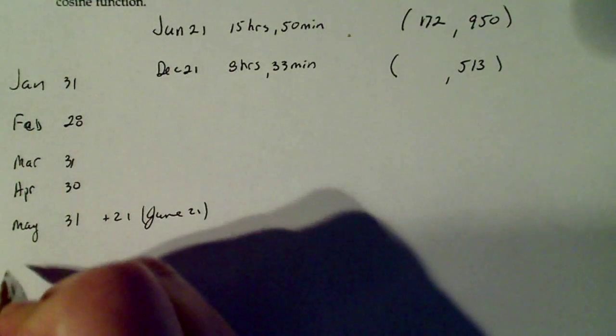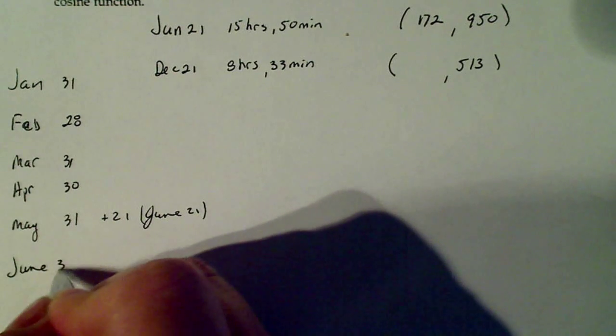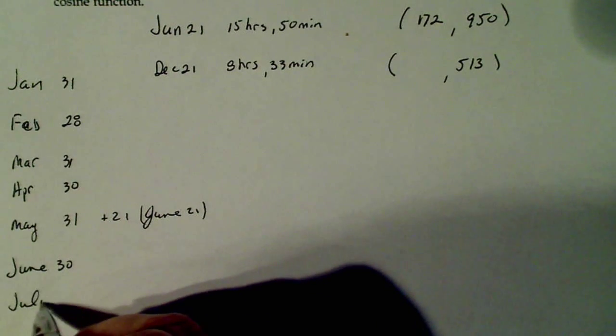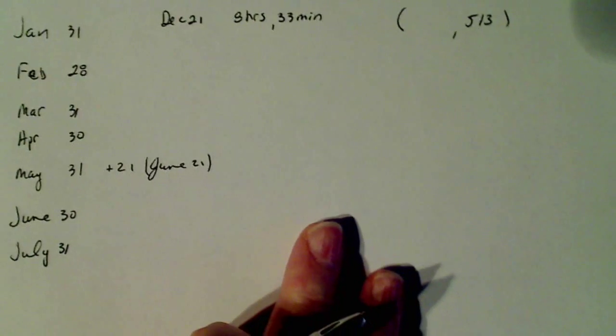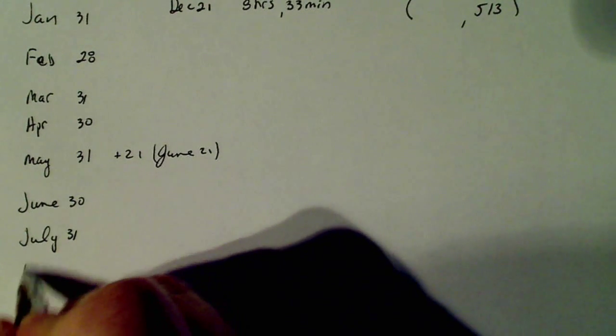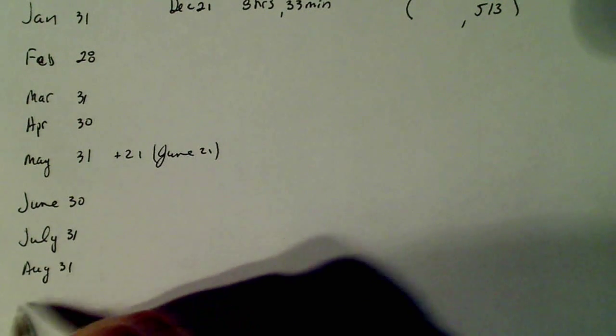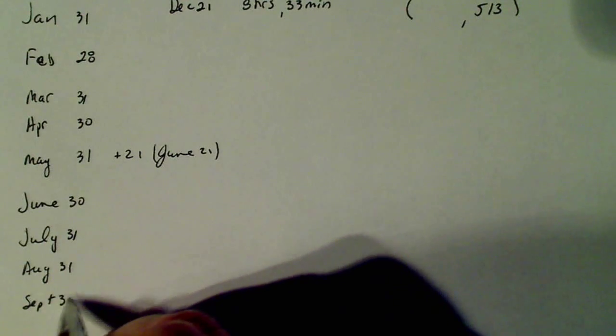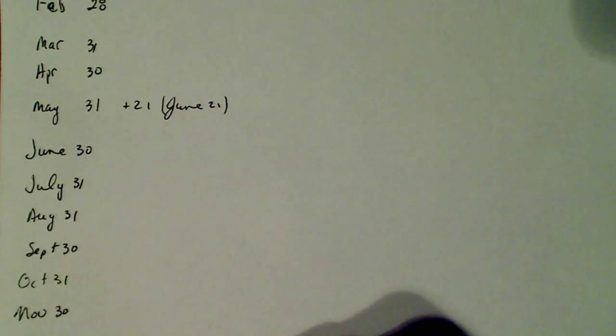Now I'm going to continue. June is 30 days. July is 31 days. August is 31 days. September is 30 days. October is 31 days. November is 30 days. And I have to add 21 for December 21st.